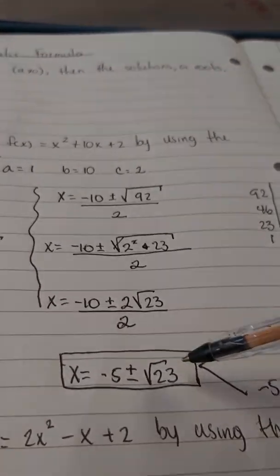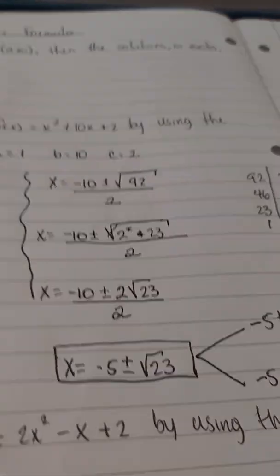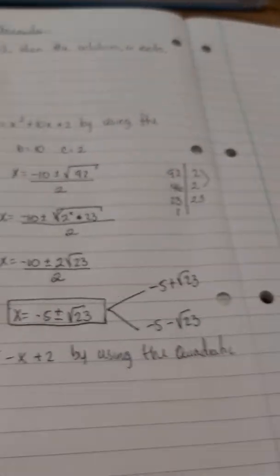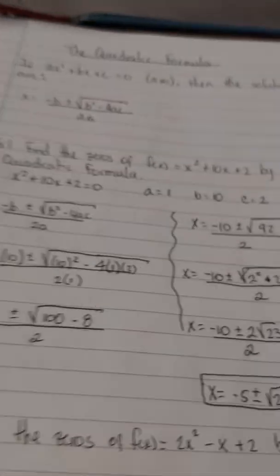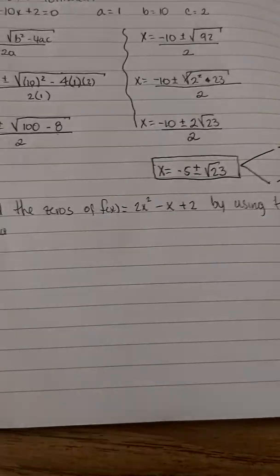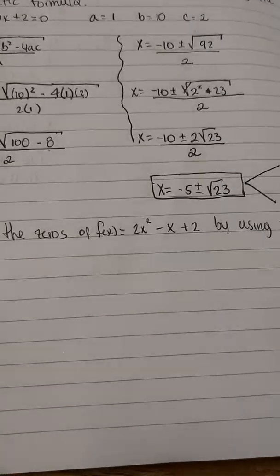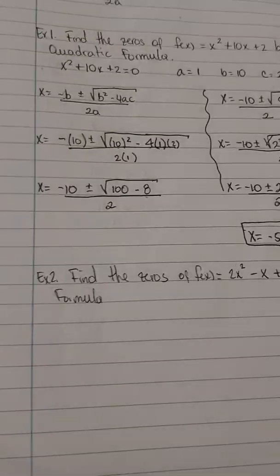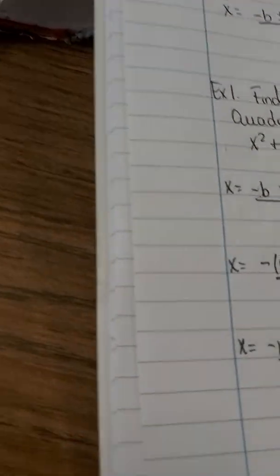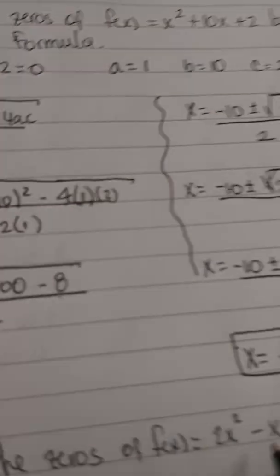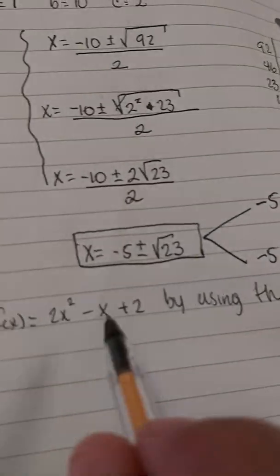Notice in this case we have two real solutions, okay? Two real solutions. Now, if we look at part B, example 2, it says find the zeros of f of x equals 2x squared minus x plus 2. We're going to do the same process. We're going to make this equal 0.